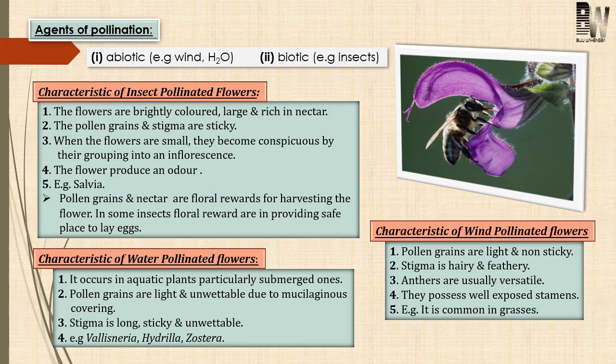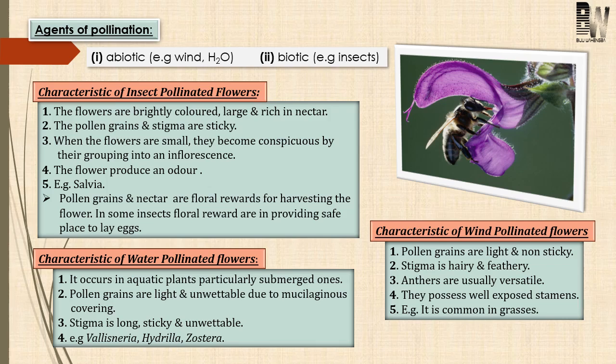That means the insect pollinator should be rewarded. So the question is, what kind of reward will be provided by the flower to the pollinating agent, that is the insect? So here the pollen grain which contains nutrients and nectar are considered to be the floral reward provided by the flowering plant to the pollinating agent.